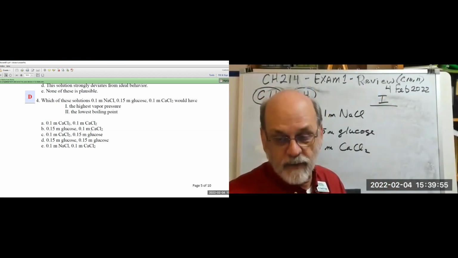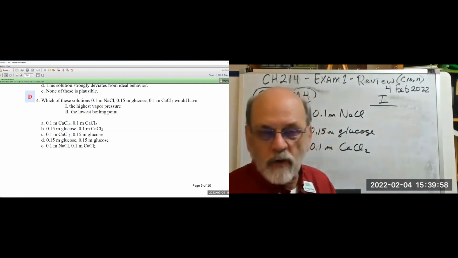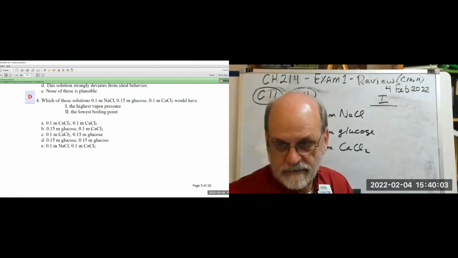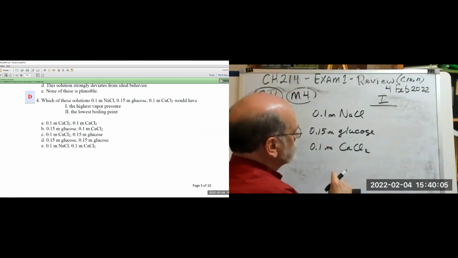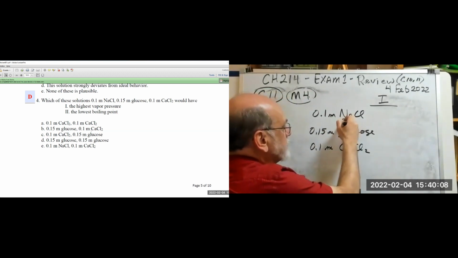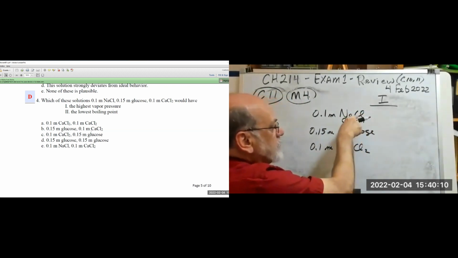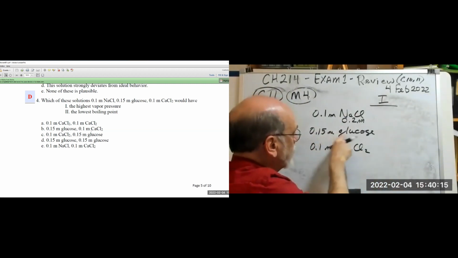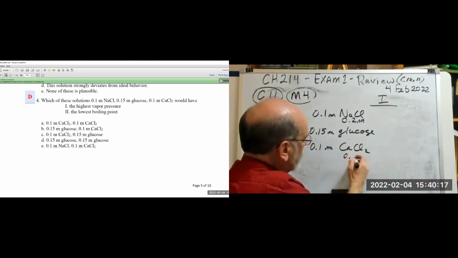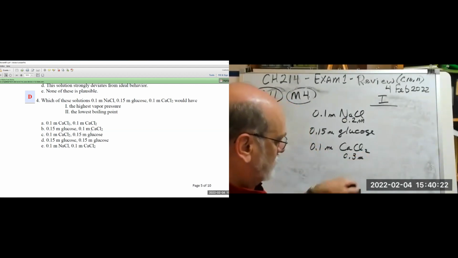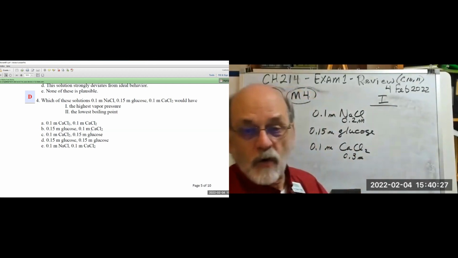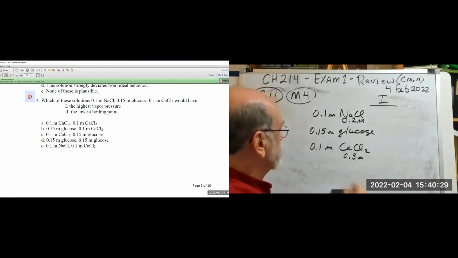We want the highest vapor pressure, which means we want the lowest concentration of solute. This one is actually 0.2 molal because sodium chloride dissociates into 2. This one is 0.15, and this one is 0.3 molal because it breaks up into 3 parts. So the highest vapor pressure would be this one.